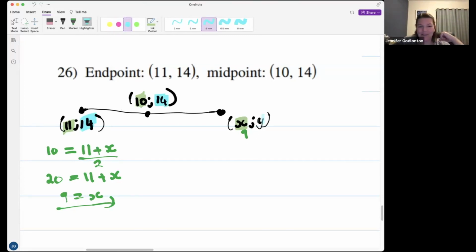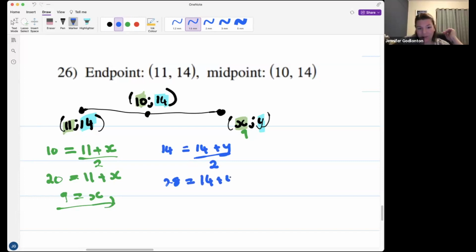We've got 14, 14, and y. So we have 14 is equal to 14 plus y over 2, which means 28 is equal to 14 plus y. And so y is equal to 14. So our coordinates are (9, 14). Superb.